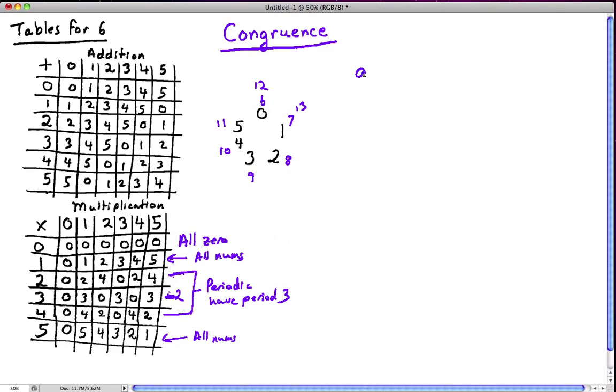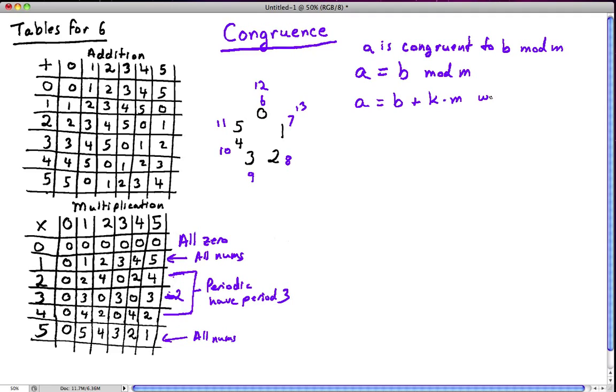So we say A equals B mod M, which is the same as saying A is congruent to B mod M. And this means that A equals B plus K times M, where K is some integer.